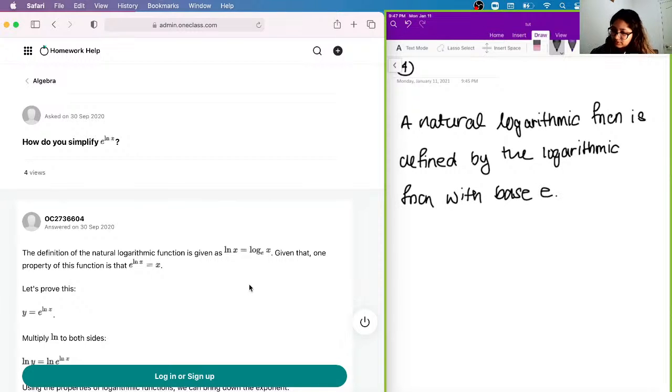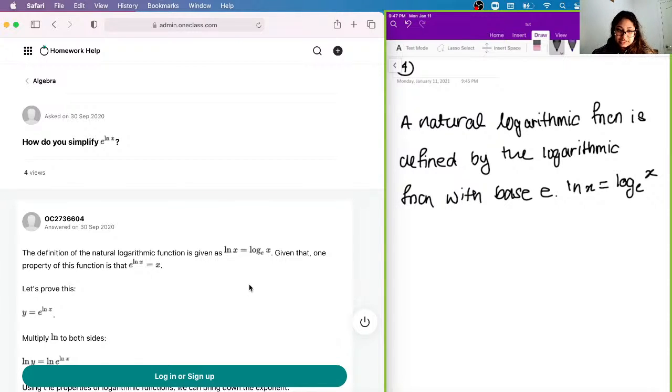And so another way to say this is that you have ln of x, this is equal to log x, this is equal to log base e. Okay, so this is what we mean by our logarithmic function of base e, and this is equal to ln x.